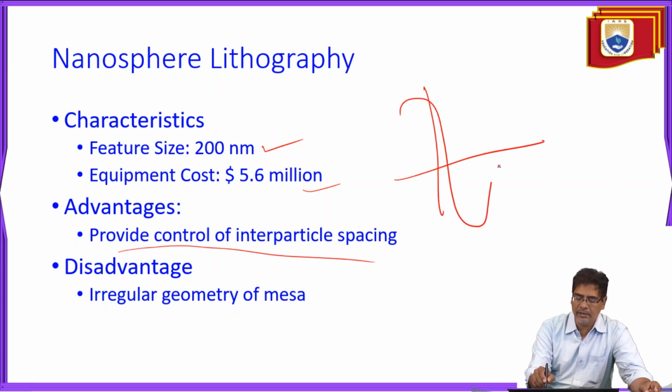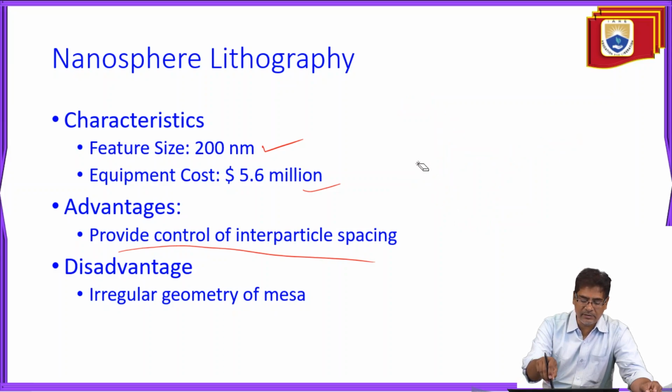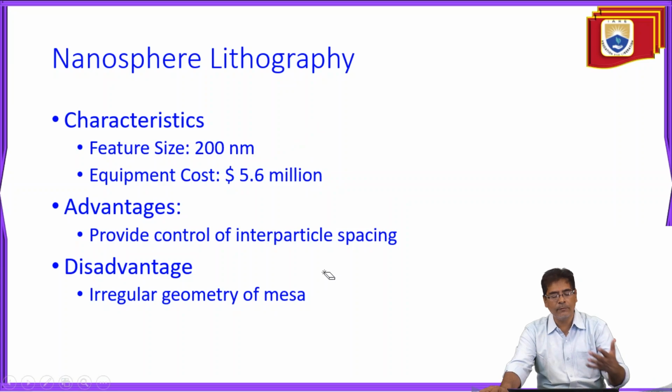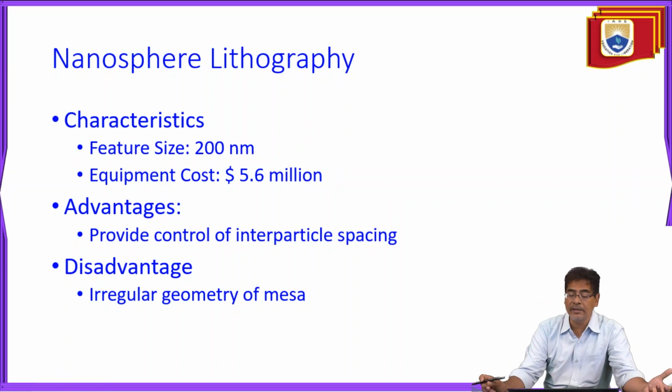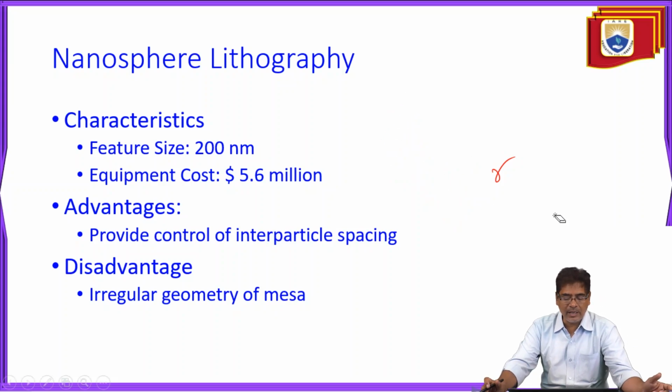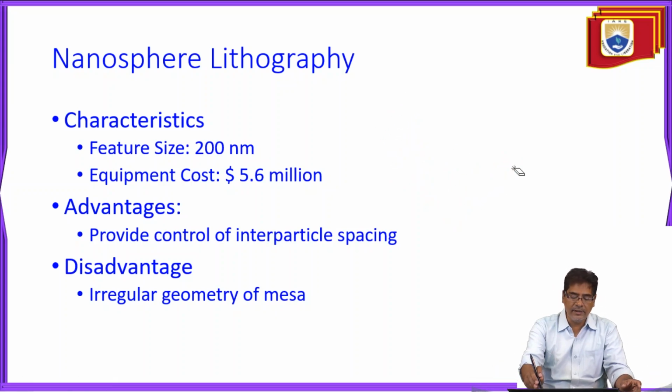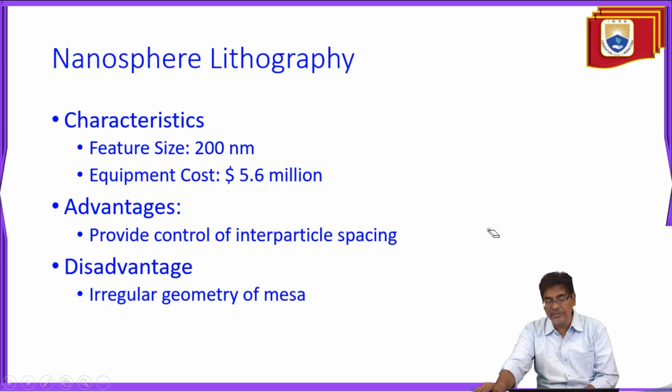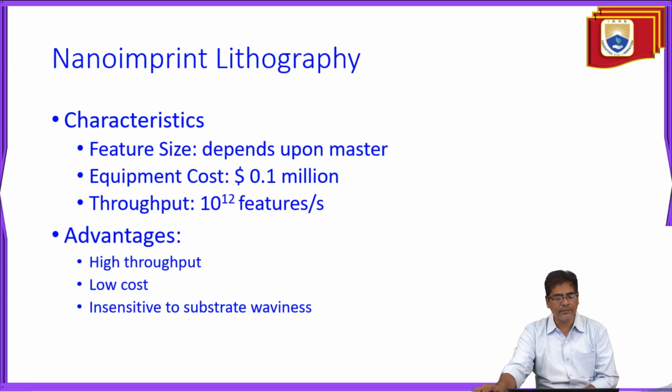Interparticle spacing is what we call interatomic distances versus potential, so we can find the Coulomb potential. The disadvantage is irregular geometry of mesoscale structures.